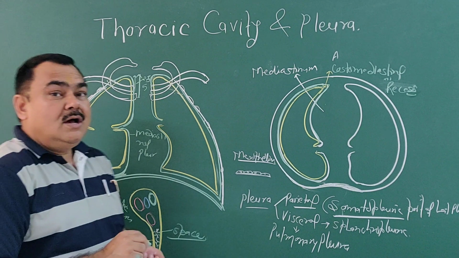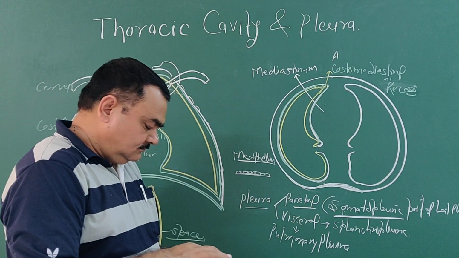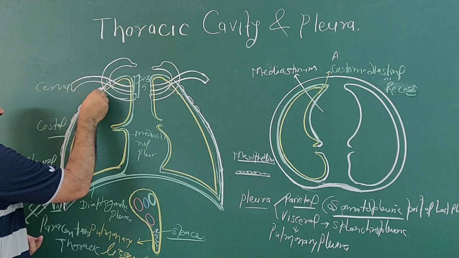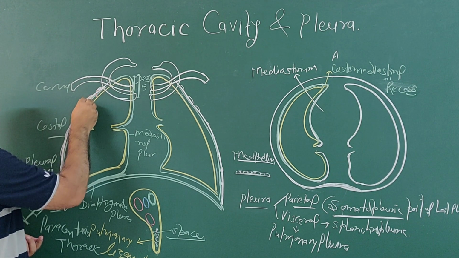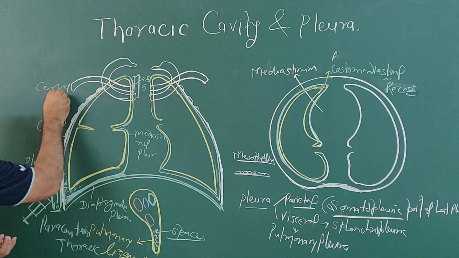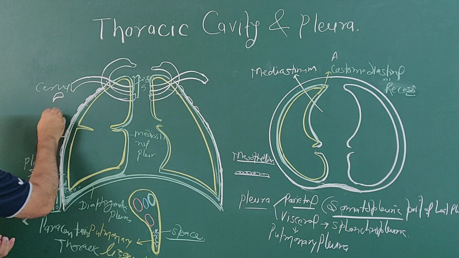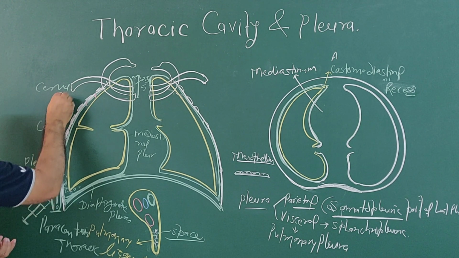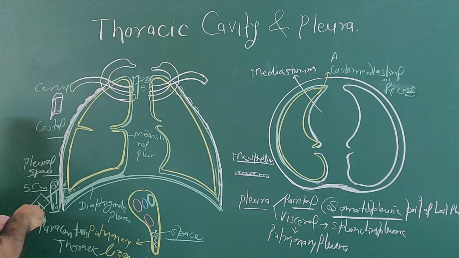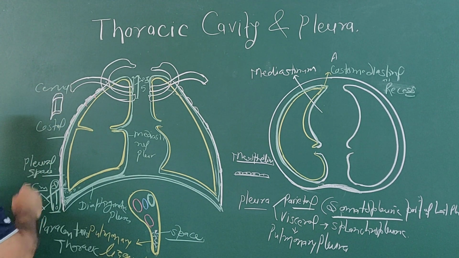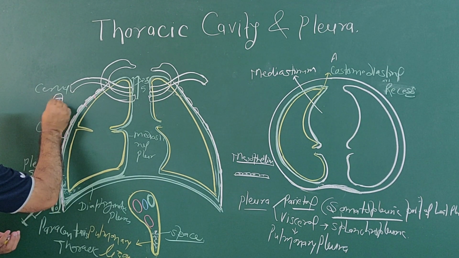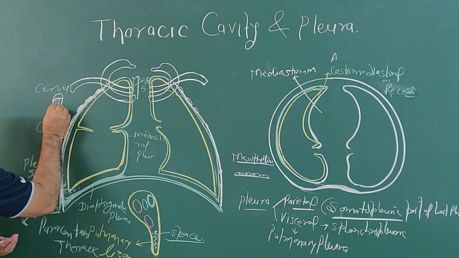Now, arterial supply. Here, the parietal pleura is supplied by intercostal artery. As you know, in each intercostal space, there are two ribs and between these, this is space. Here, vessels are lying in the order of vein, artery, and nerve.